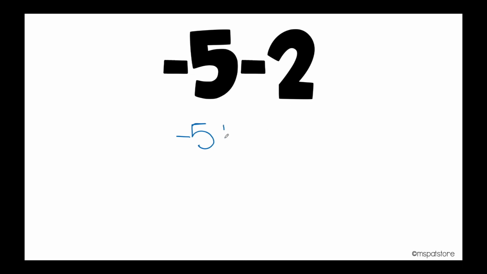So I'm going to add negative 2 right here. So let's see. If they have the same sign when you're adding, you're going to add them and keep the same sign. 5 plus 2 is 7, and then I keep the same sign.